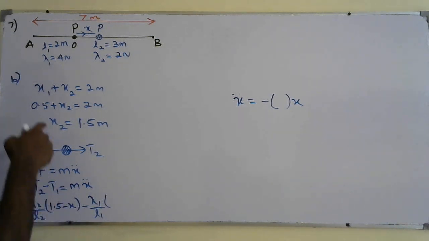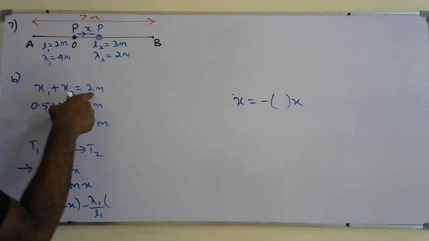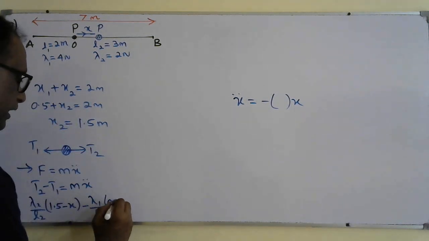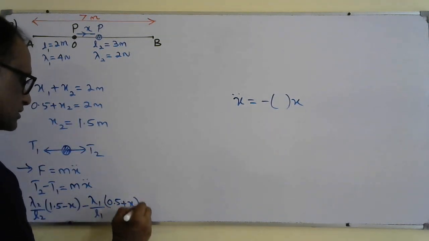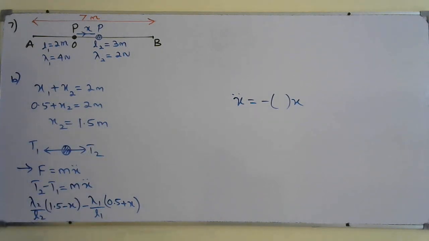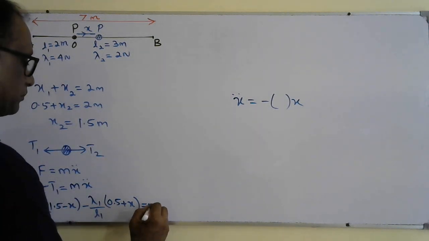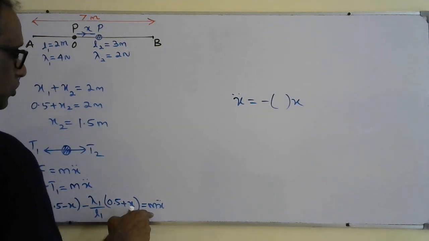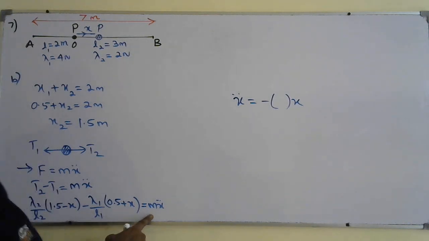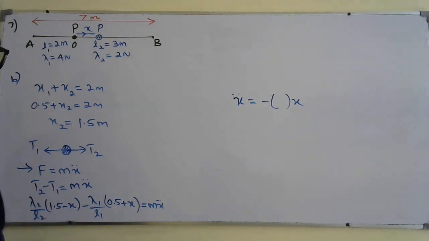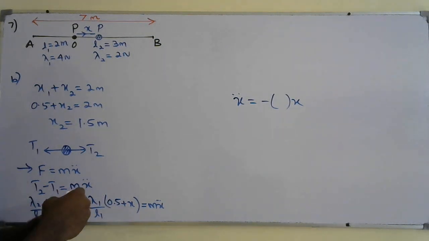Earlier it had an extension x1 which is 0.5, now 0.5 plus x because the displacement is x towards right, equal to mx double dot. We know the m, we can substitute m, which is given as 2 kilogram. Okay, we'll solve it further.